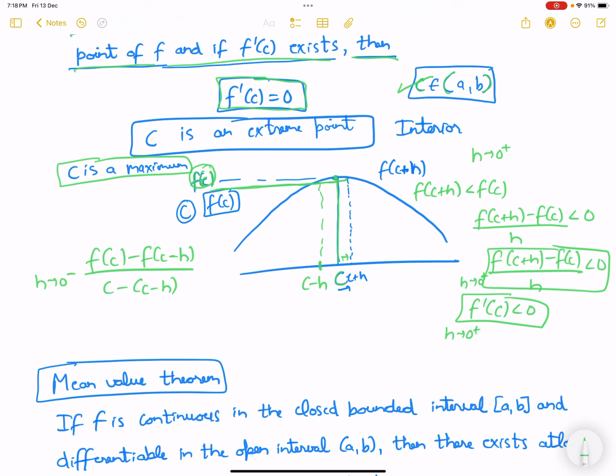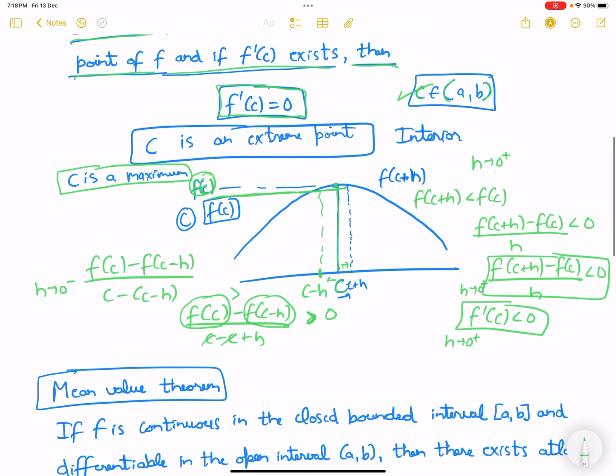So this is f of c minus f of c minus h upon c minus c plus h. So this cancels out. And since f of c is the maximum value, this would be greater than this. So this is greater than 0. So at a point very close to the left of c, what we have is f dash c is greater than 0.